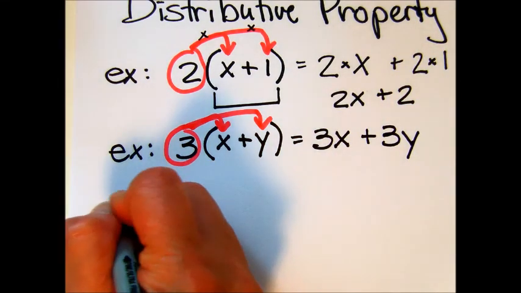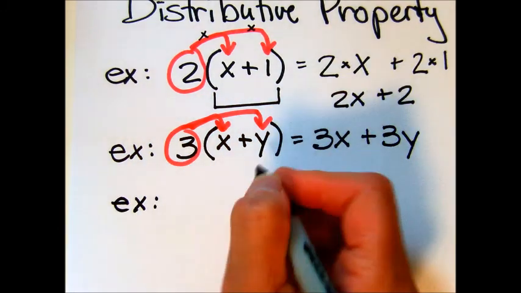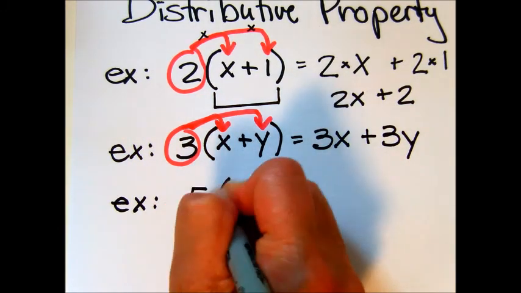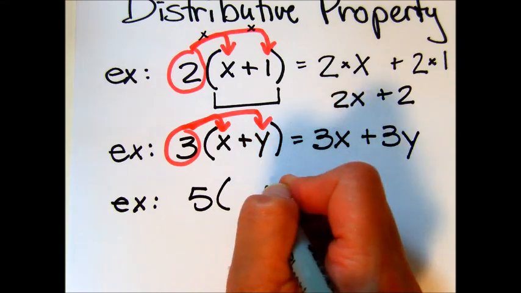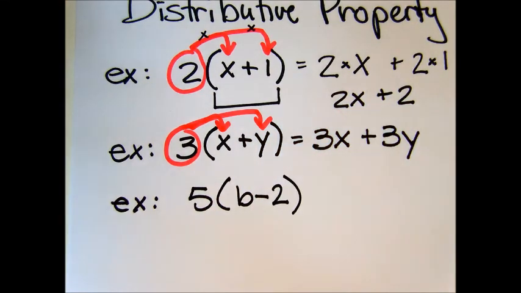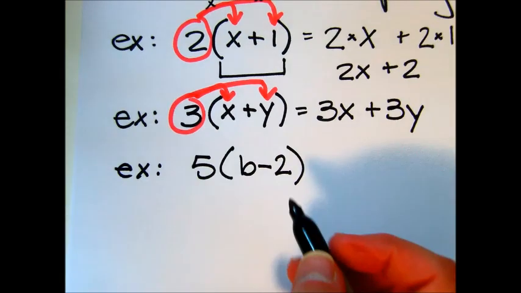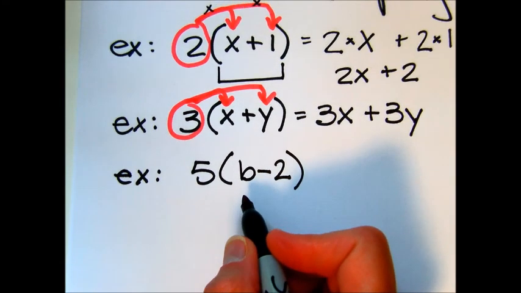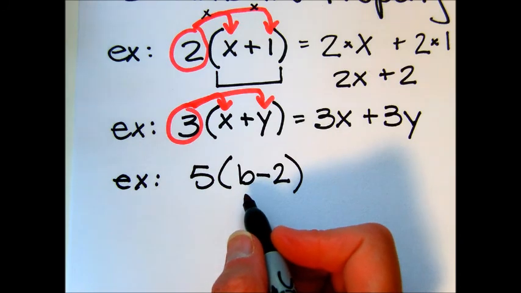Okay, let's try another. Let's say we have 5 times the quantity of b minus 2. Now in this case, you might be wondering, b, I thought we just used x, y, and z. A variable can be any letter.